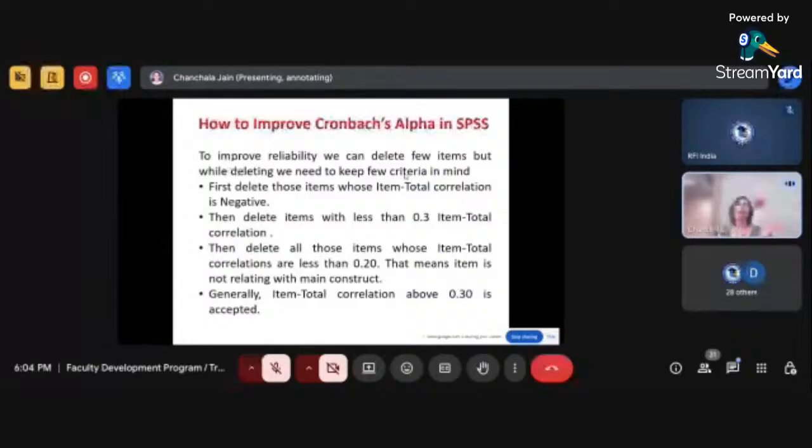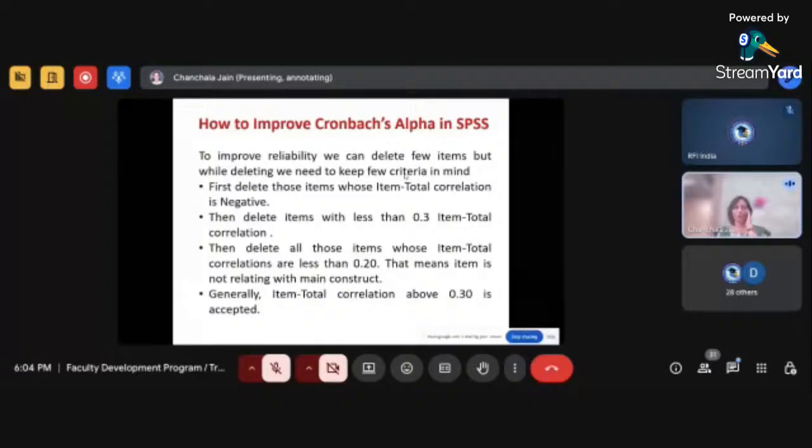Or else you can check the item total correlation values for all your items. Negative item total correlations are not accepted; if you get that for any item, you can drop it. Afterwards, if it is 0.2 and above, you can accept, right?